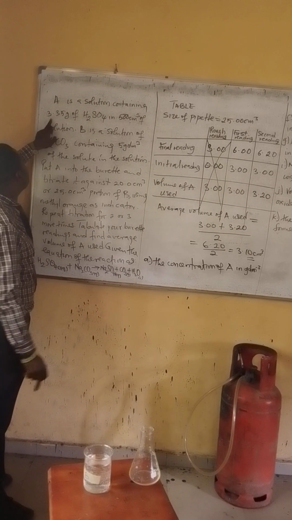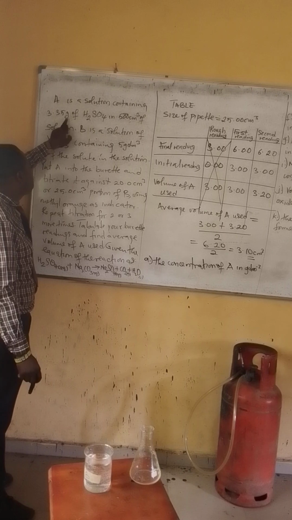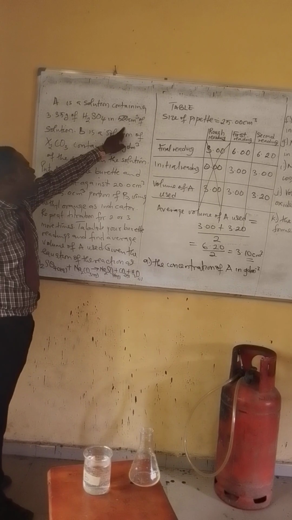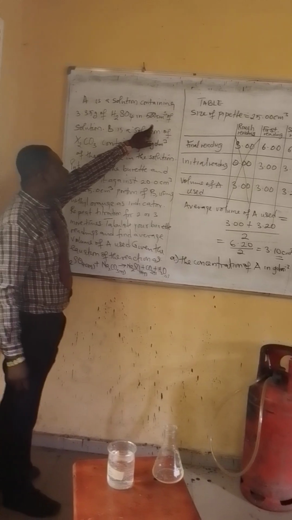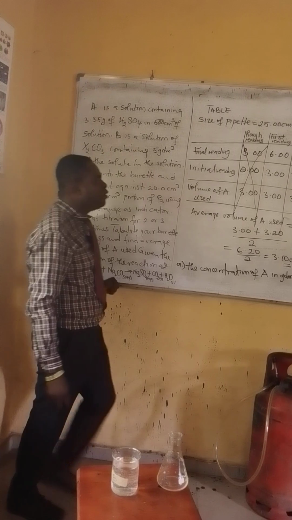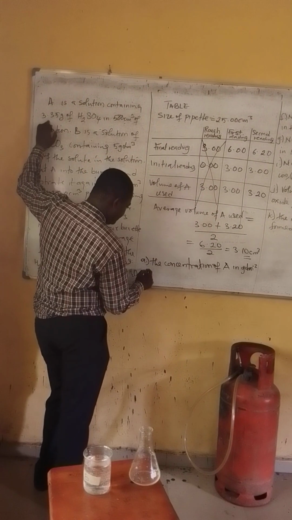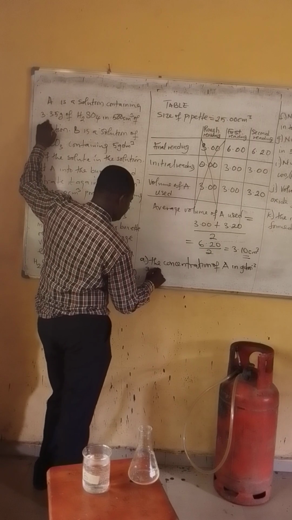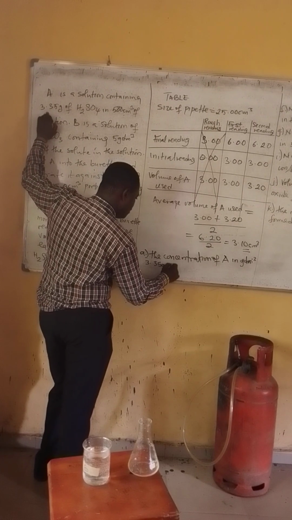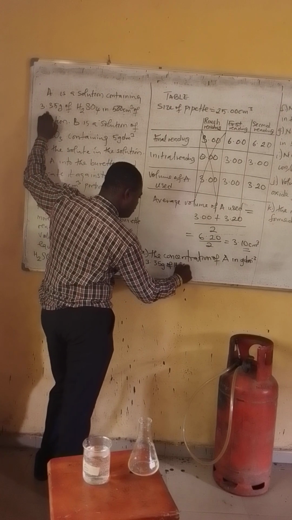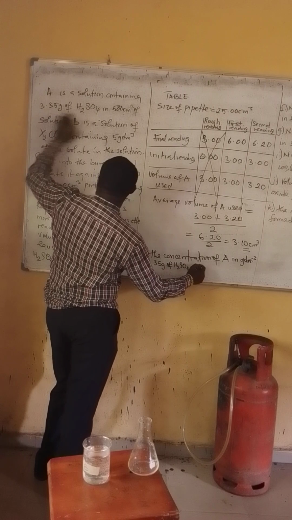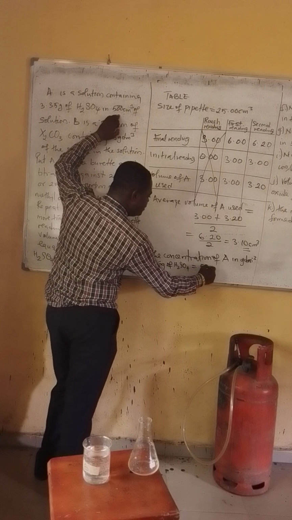It's not 3.35 gram per dm3, but gram in 500 cm3 solution. So from there, we can get the concentration of A in gram per dm3. What do we do? We will now say 3.35 gram of H2SO4 dissolves in what? In 500 cm3.